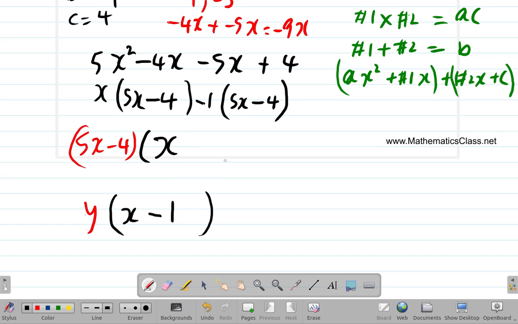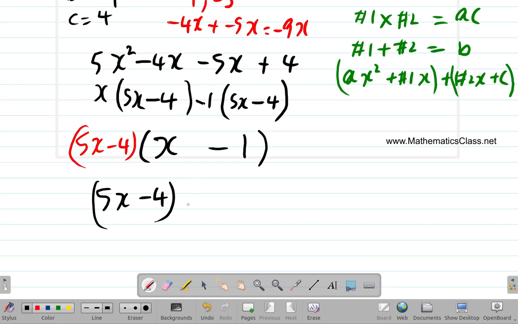It's going to be x. You're going to close the bracket out here. And then 5x minus 4 multiplied by whatever you put here will be negative 1 times 5x minus 4. And that number must be negative 1. Seems like I put the bracket a bit far, let me put it nearer. So here now, you see what you get. 5x minus 4, x minus 1.